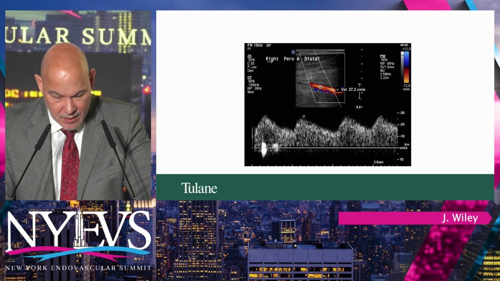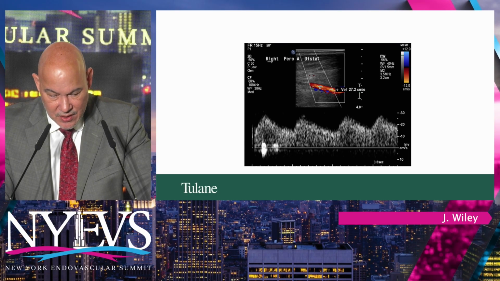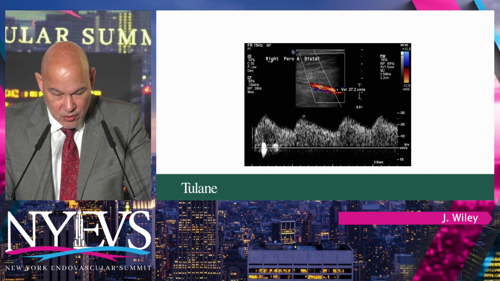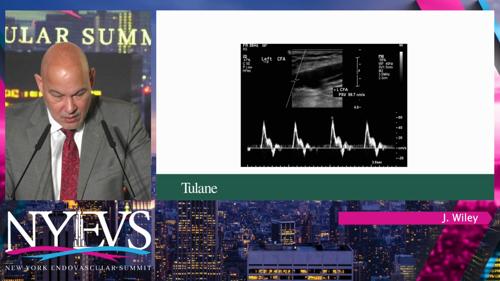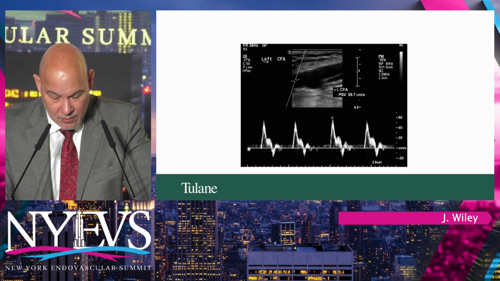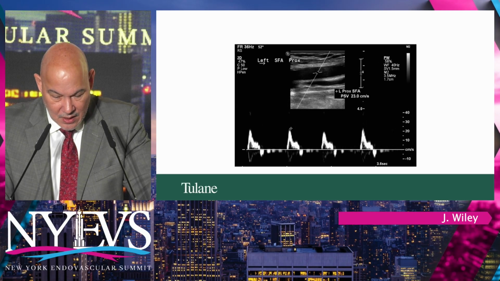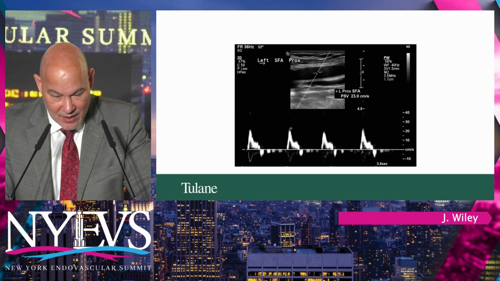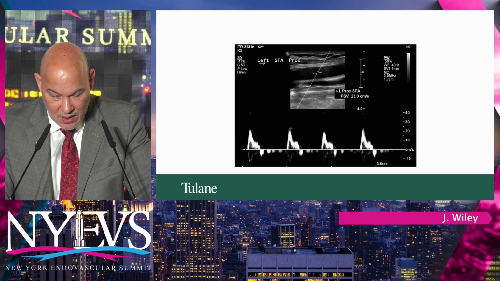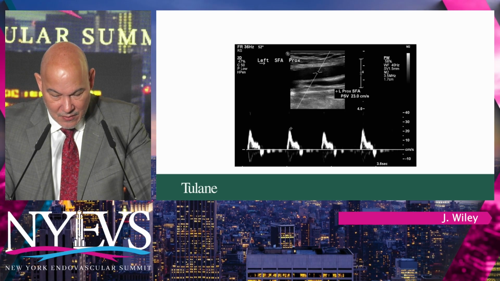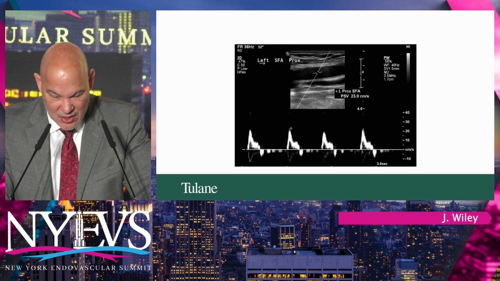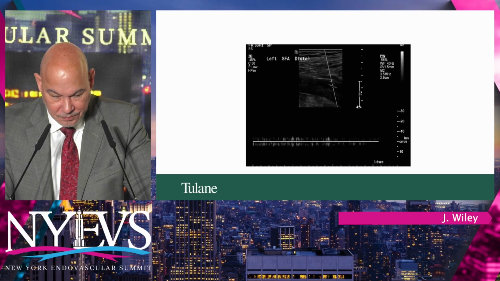Then you go to the right peroneal and you see very low velocities with a tremendous amount of spectral broadening. On the left side, you see normal Doppler waveform with good velocities. However, when you start going down into the left proximal SFA, you see a significant drop in the velocity tracings and some spectral broadening.